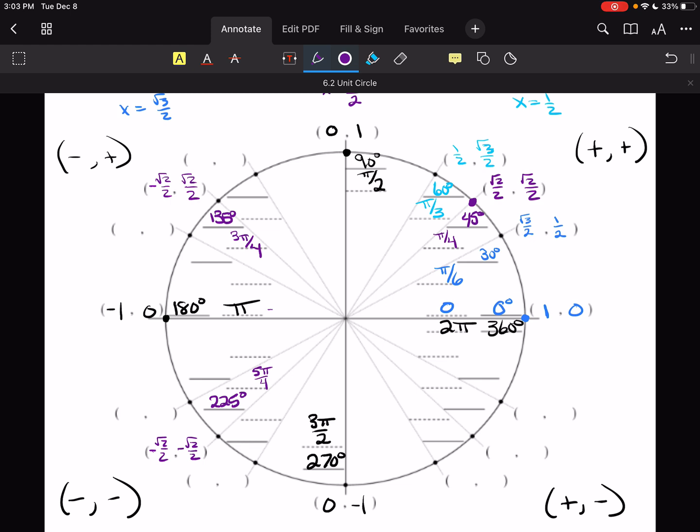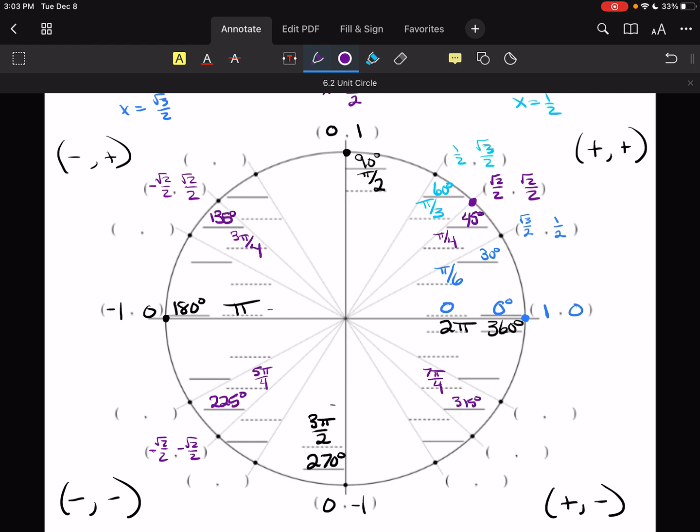Add a 45, that puts me at 270. If I added pi over 4, it'd be 6 pi over 4, which would be 3 pi over 2, so that's already taken care of. 6 pi over 4 plus pi over 4 would be 7 pi over 4. 270 plus 45 would give me 315.